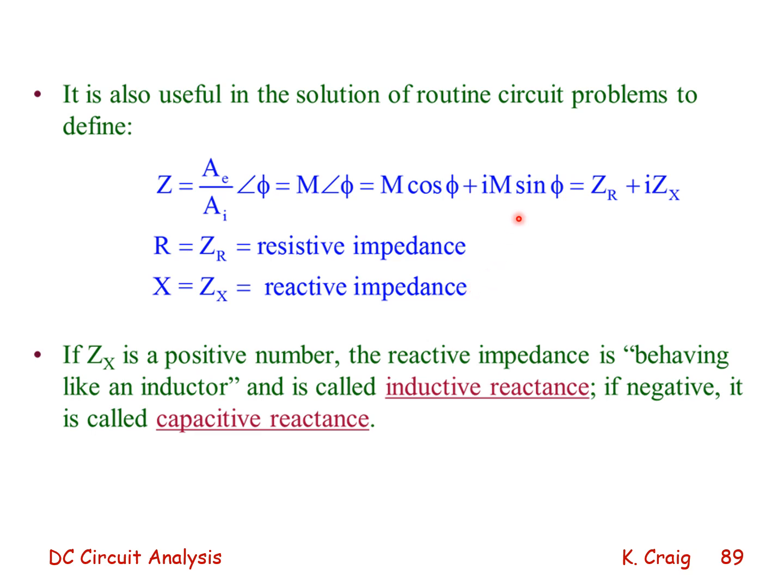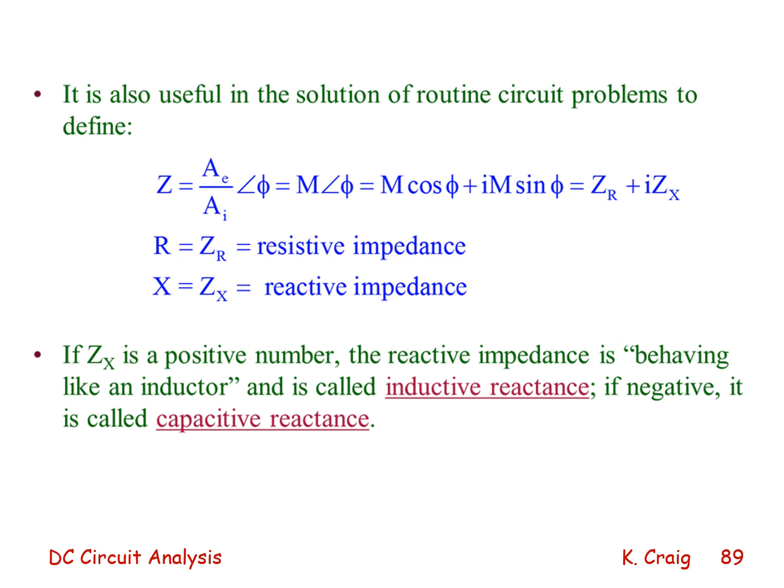So whether this is positive or negative in magnitude will determine whether this reactive impedance is due to either capacitance or inductance. So if Zx is a positive number, the reactive impedance is behaving like an inductor, and it's called inductive reactance. If it's negative, it's called capacitive reactance.